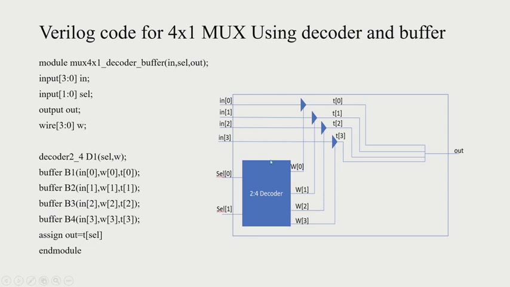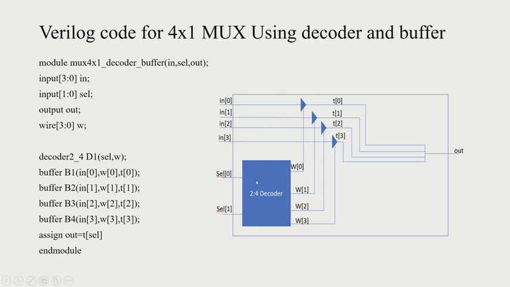Wire is nothing but what is present in between for the connection between the modules. For the connection between the modules, we have written wire [3:0] w, a 4-bit variable.